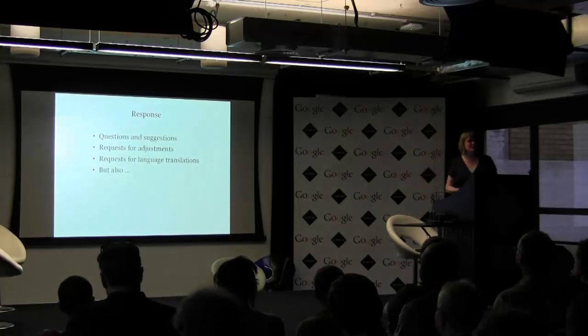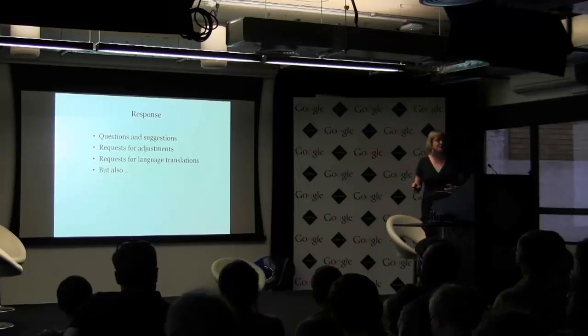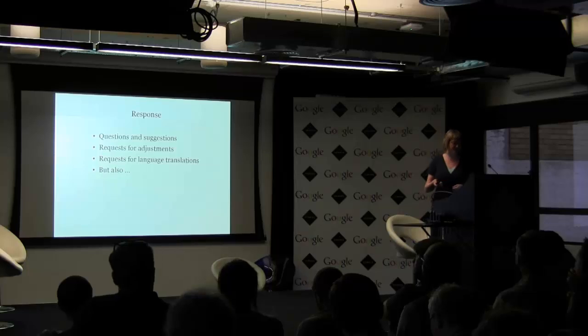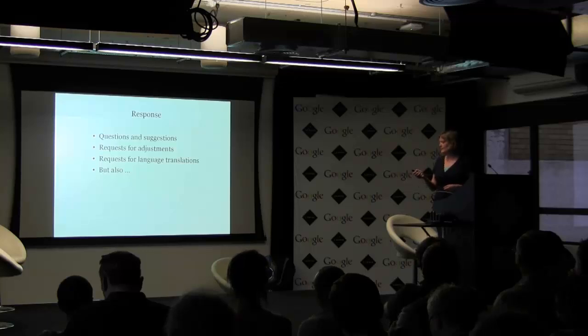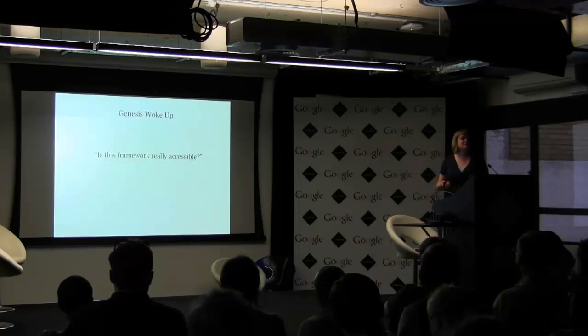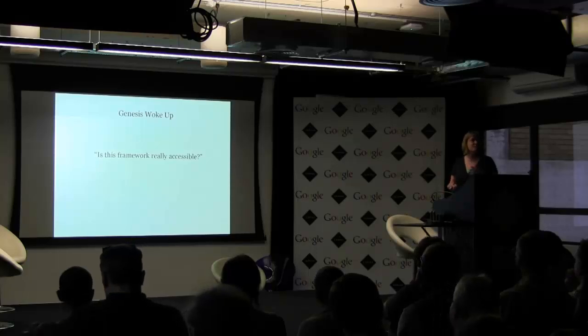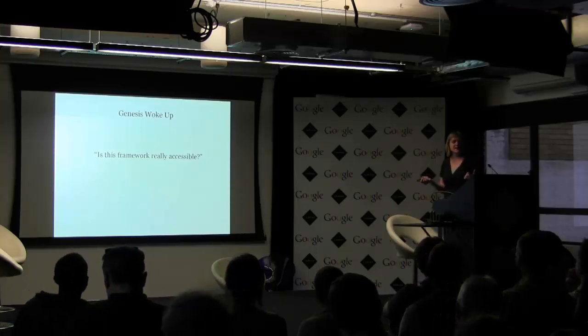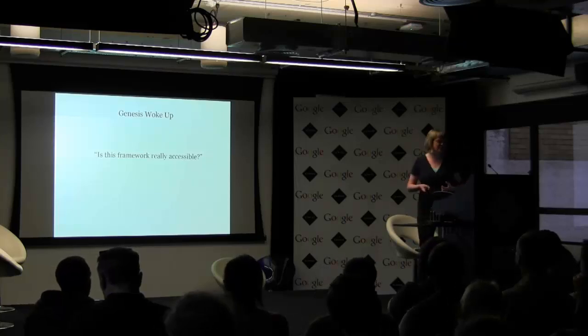Okay, what was the response? Questions and suggestions, demands for adjustments, requests for language translations from Israel, for example. But also, Genesis woke up, to my surprise, and that's also a sign of the times, because accessibility is getting more and more in focus.